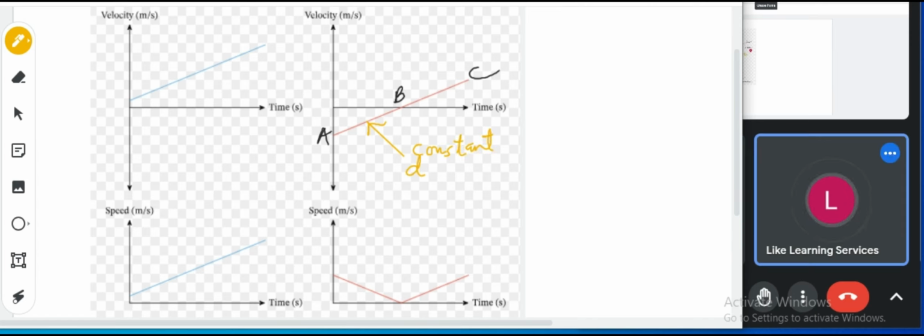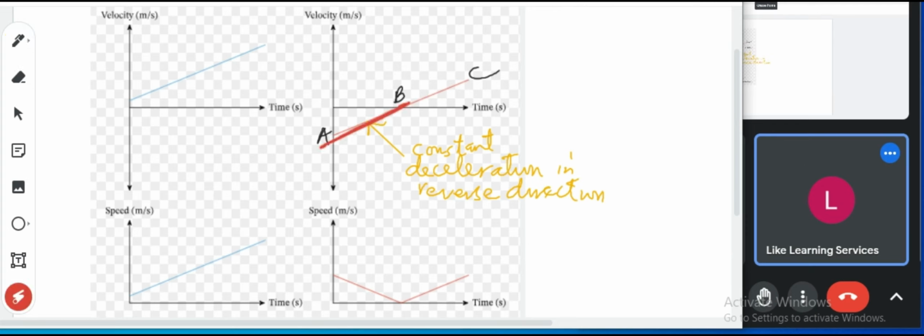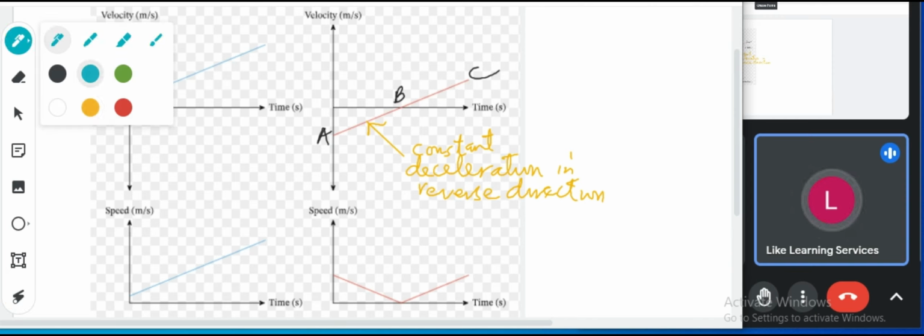Constant deceleration in the opposite direction, or in the reverse. If it looks like this or down, it is actually a constant deceleration. So you said B to C is what?